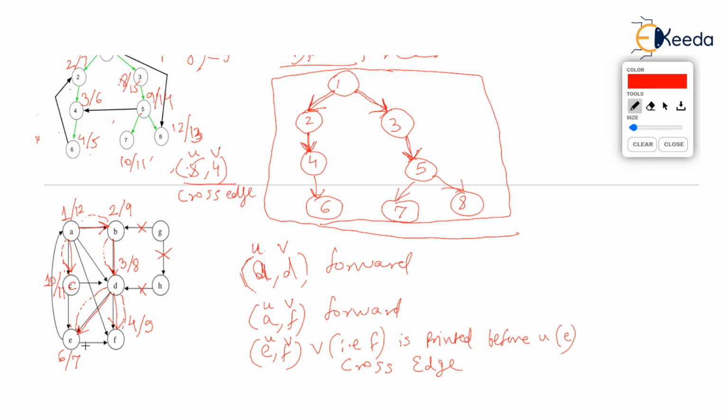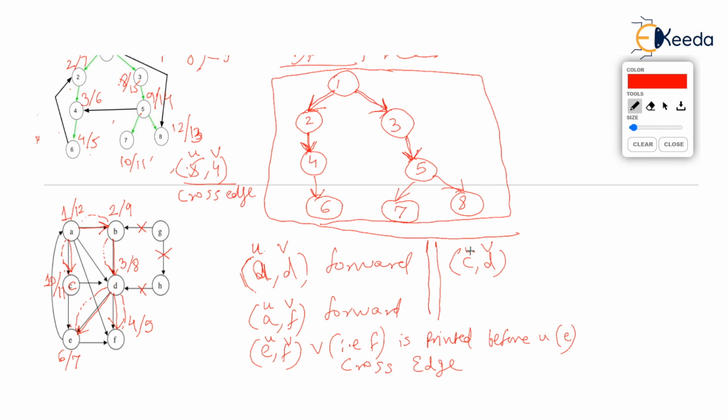Let's continue with one more edge. You can see that C to D was also not considered, isn't it? So what is C to D? Which type of edge is it? Now U is C and V is D. Is C printed before D? Is U printed before V? Check, the discovery time of C is 10 and the discovery time of D is 3. So in fact, D was printed before C. In fact, V was printed before U. So it can be a back edge.